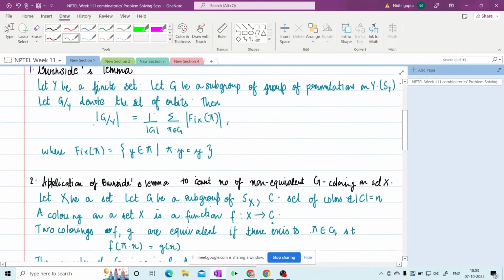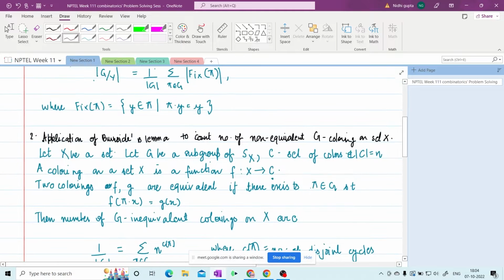Then we had a nice application of this Burnside lemma to count non-equivalent G colorings, which is as follows. We have the same setup.